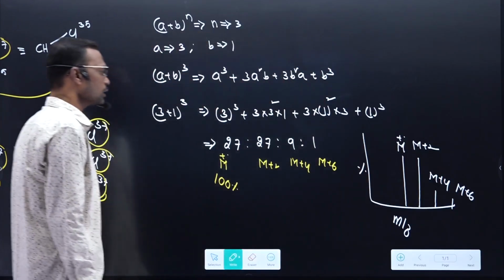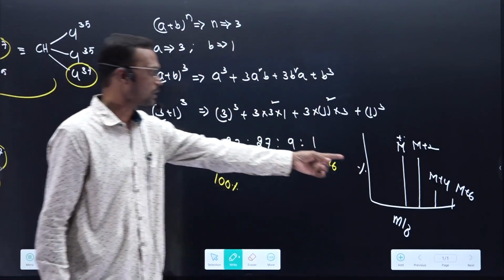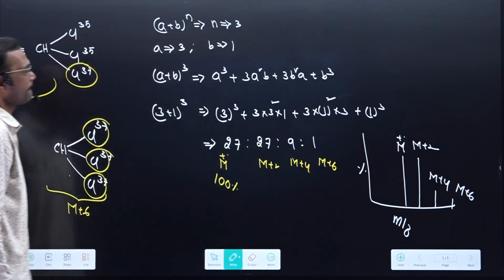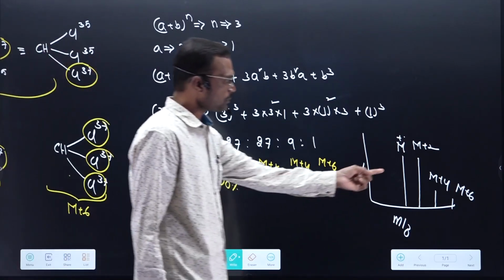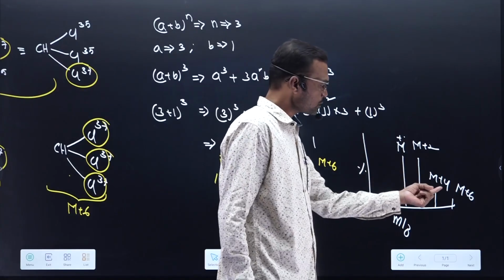So if a molecule carries 3 chlorines, you will get this kind of spectra. The mass spectrum is like this. When 3 chlorines are present, M plus 2, M plus 4, M plus 6.